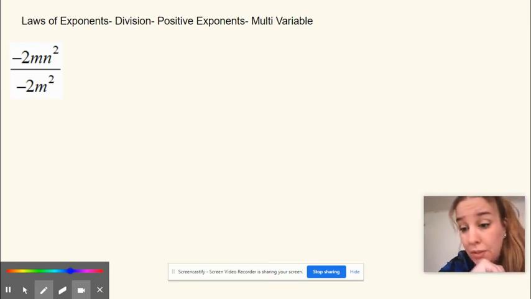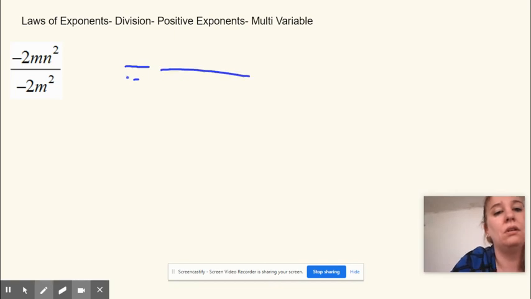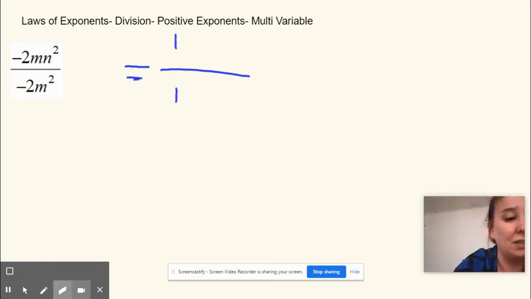Cool. So here we go with multivariable, where we have more than one variable. Just like with the multiplication rules, you can't just mush them together. They are separate entities. So let's think about our coefficients first. Negative divided by a negative is positive, and 2 divided by 2 is 1. So we could write 1 over 1 if we wanted to, but we would have to remove it later, so what's the point?